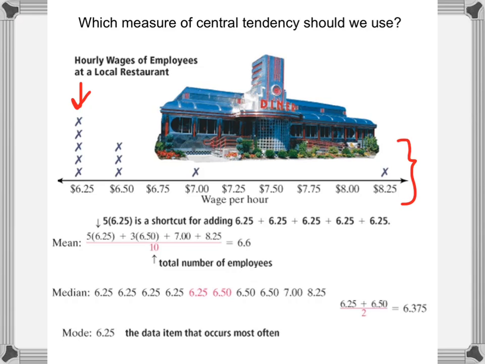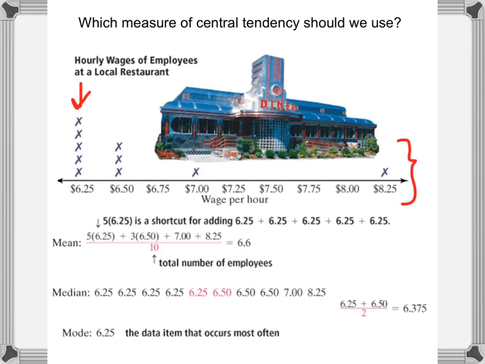Now, let's look at your data. Typically a measure of central tendency tells you where most of the data is. So if you were going to ask, what do the most employees get for a wage at this restaurant? Well, we can look at our data and say, it looks like there's a lot of X's on the $6.25.